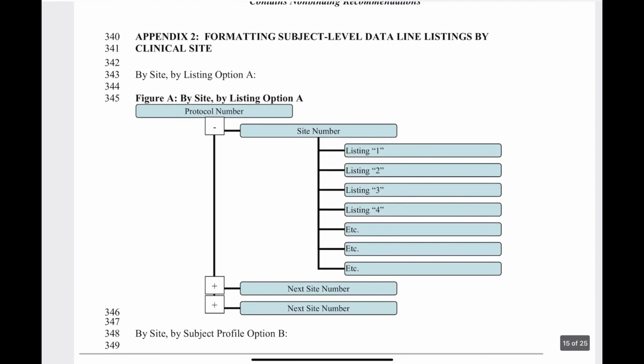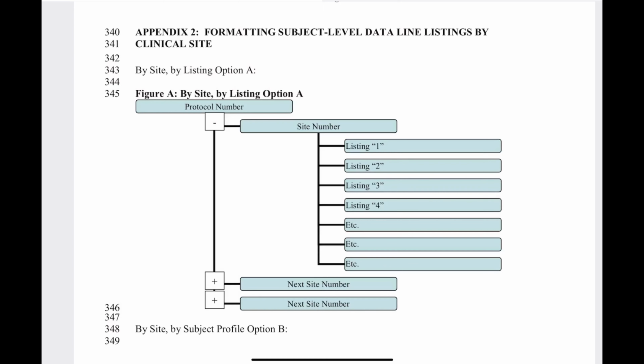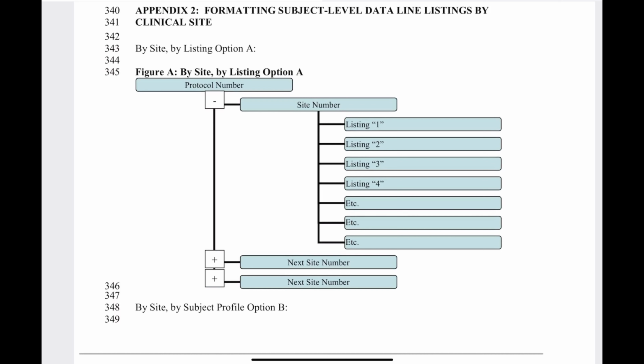Okay, then the second component is the listings for all sites. Currently there are two options. Most companies we use option A, which is we have a single file for the listings.